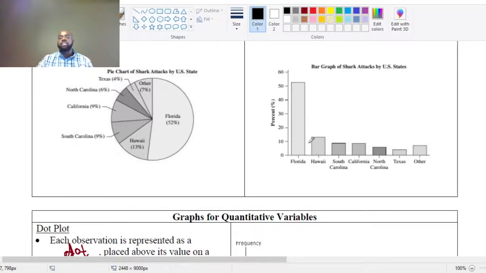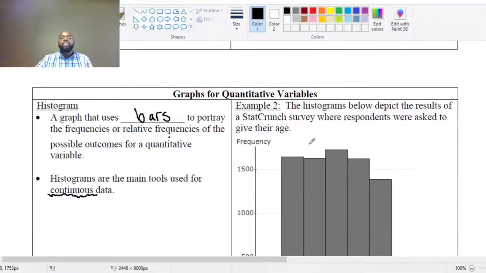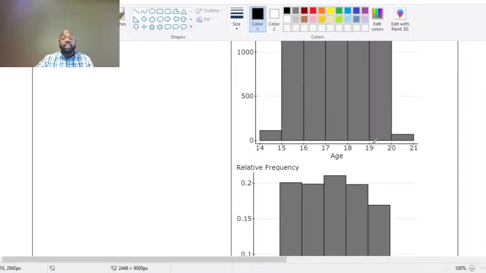That's why we have spaces, because the categories are distinct things. Well, we're dealing with histograms, usually quantitative variables and usually continuous quantitative variables, right? And so there is no space between them because this is supposed to represent a continuum between these things, right?